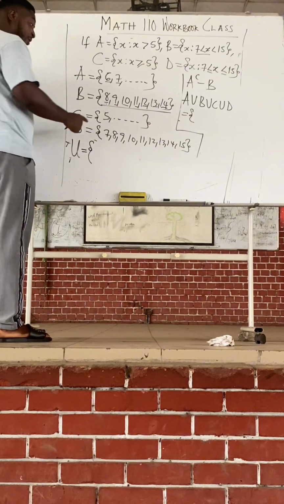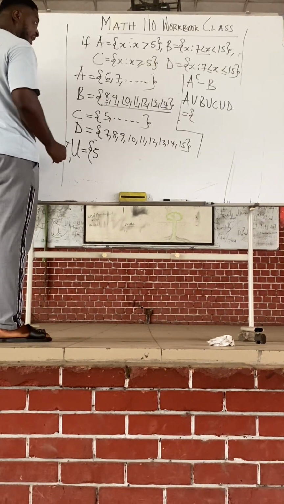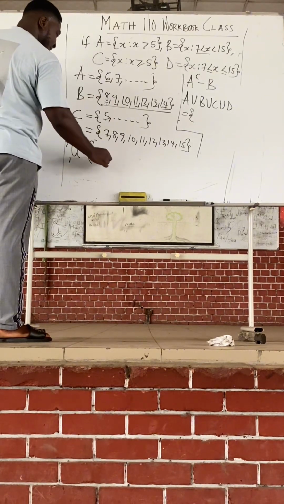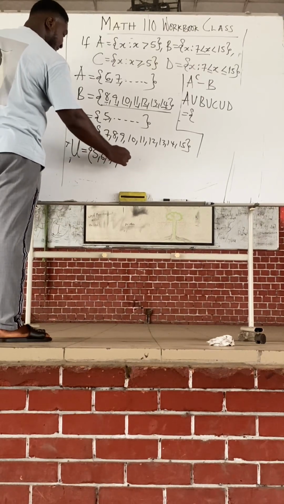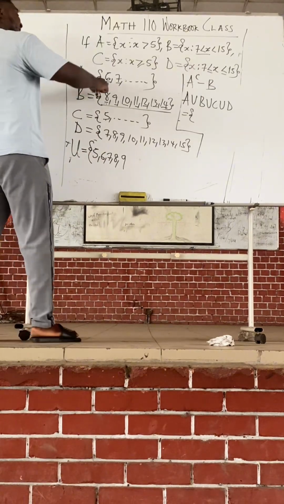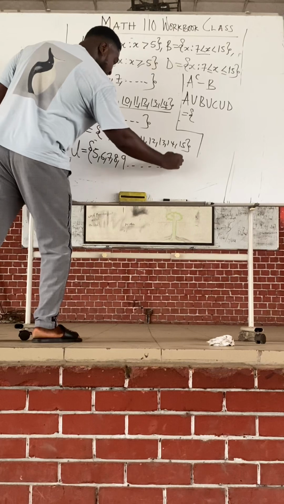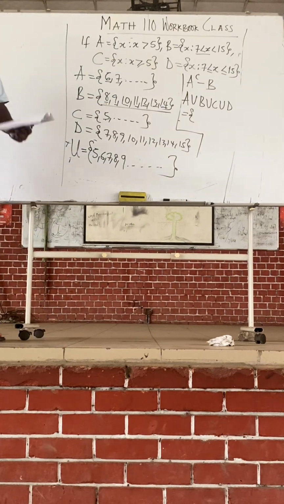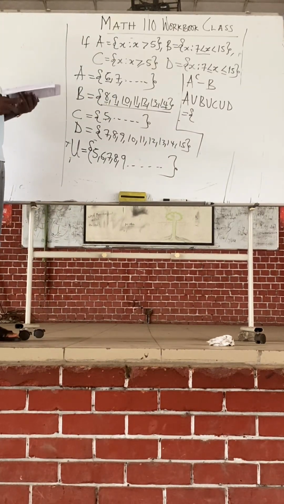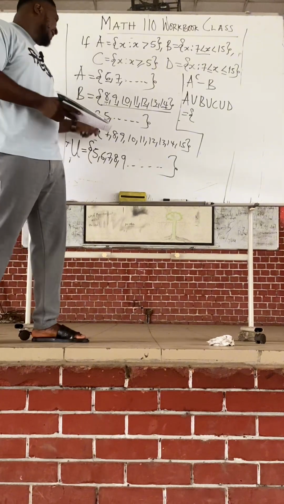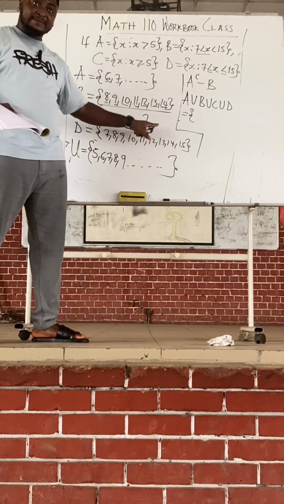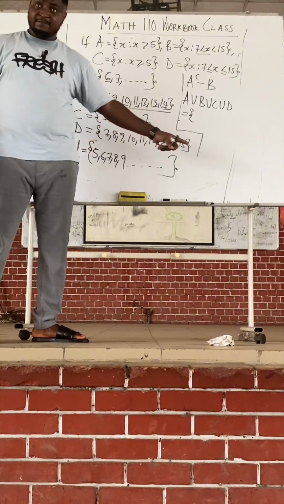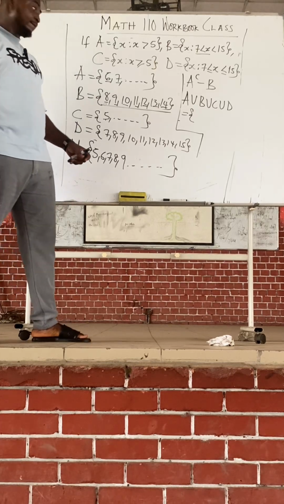My universal set must start from 5 because C has 5. Then 6, 7, 8, 9. Now, because A is still infinity, my universal set will also go to infinity. Because by starting from 5, I picked every member of C, right? Because C is 5 to infinity.